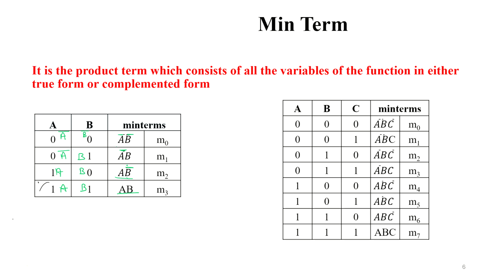These are for 2 variables. If you want to write it for 3 variables, here what are you getting? Here you are getting A bar, B bar and C bar because all are 0 0 0. Then A bar, B bar, C. Then A bar, B, C bar.